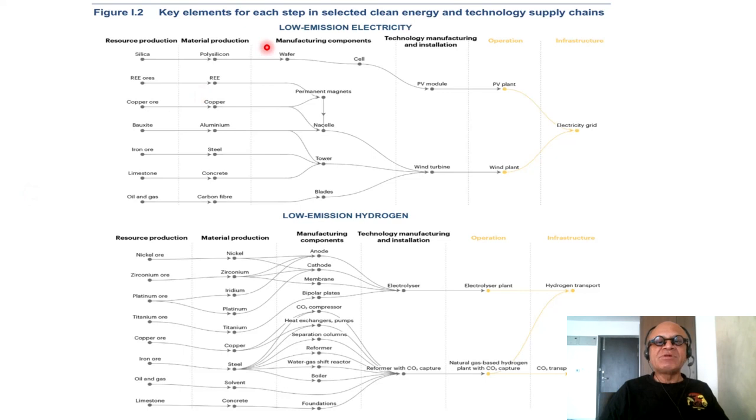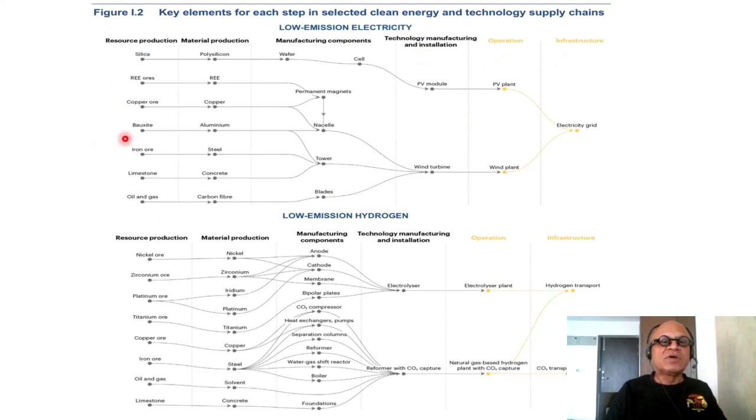So key elements for each step in selected clean energy and technology supply chains. This is a supply chain that's already in transition. So low emission electricity, there is resource production, material production, manufacturing components, technology manufacturing and installation, operation and infrastructure.